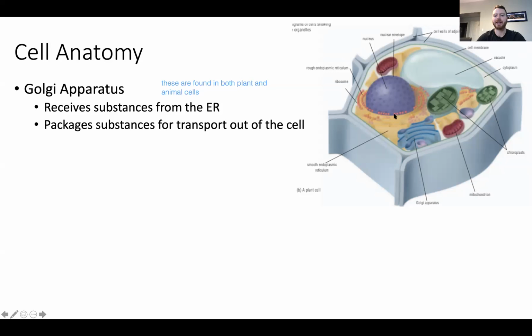Stuff is created in the ER and makes it to the Golgi apparatus, and then the Golgi apparatus will package these proteins or lipids into what we call vesicles. These are just like little balls that contain either the protein, hormone, or the lipid that was produced in the endoplasmic reticulum. It packages substances for transport in and out of the cell.